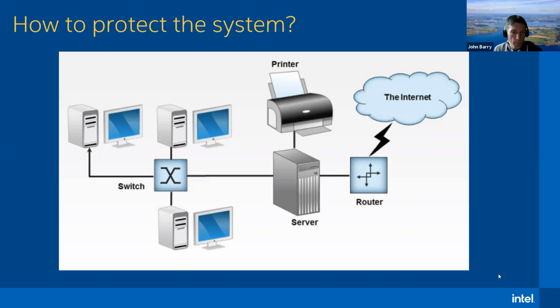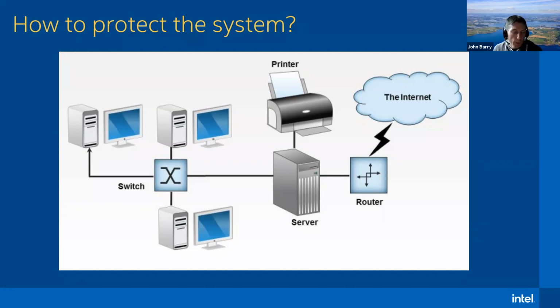We could start by turning off any services that don't need to be enabled on the server, and on the machines themselves. And I see Mantas and John suggesting DMZs and firewalls there.